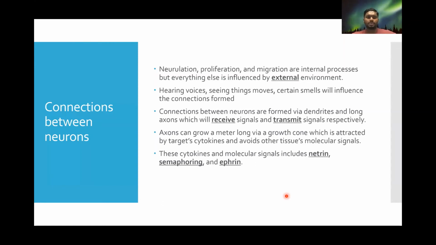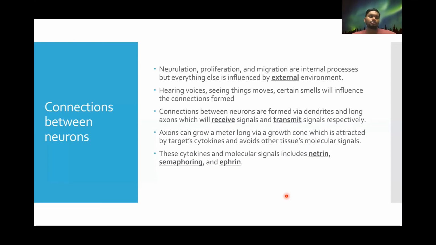The difference between this and what we're going to talk about now is that these three processes are all internal processes, right? They happen regardless of what's happening to the child, unless you have some teratogen which can alter these processes. But for the most part, it's internal and independent, unless some very strong external stimuli affects it.